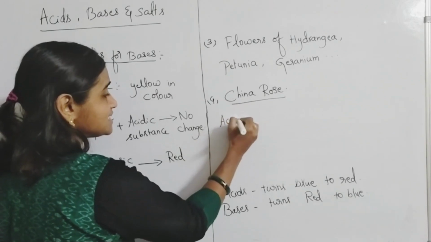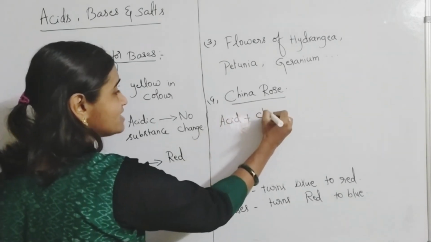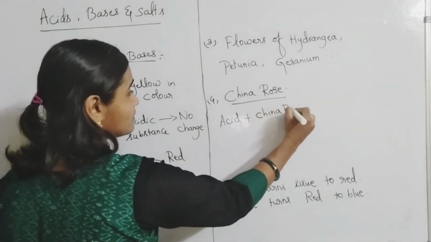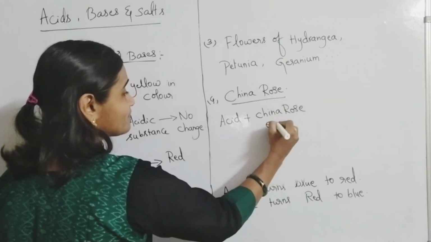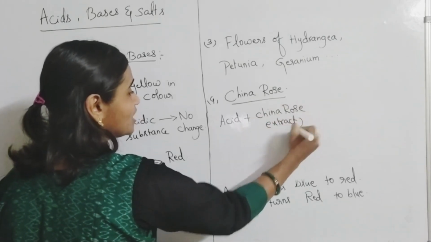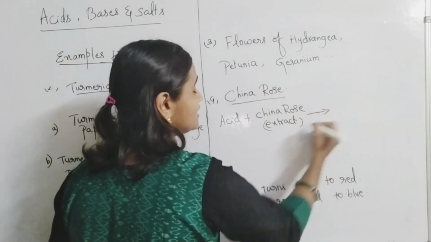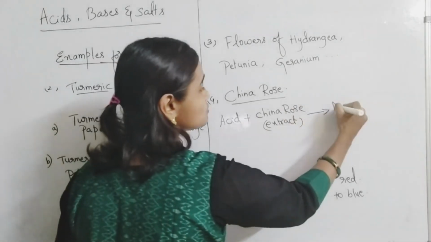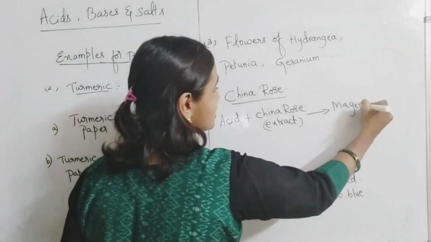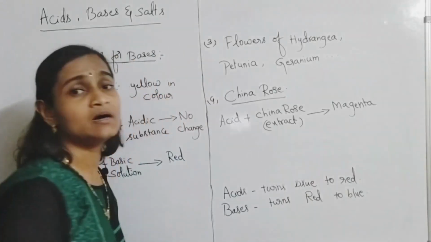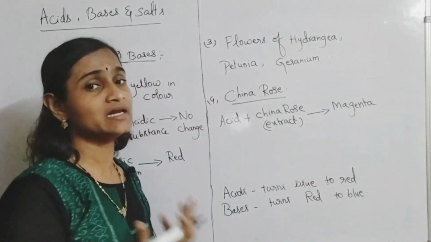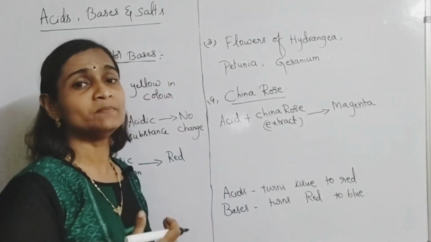If you add China rose extract to an acidic substance, it turns magenta, a violetish pink color like potassium permanganate.